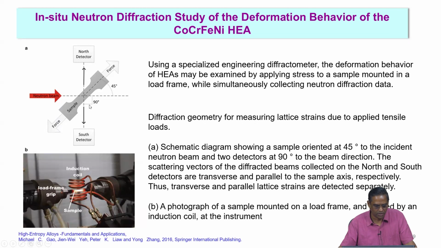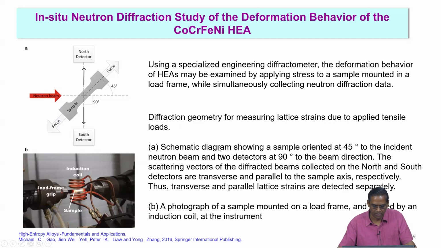What you are seeing is a diffraction geometry for measuring lattice strains due to applied tensile loads. This is the neutron beam, and the tensile force is applied in this direction, and you have a detector. Two detectors are placed here, and the actual setup is shown here. The sample has a heating coil, and you can see the sample is heated, and these are the loading frames.